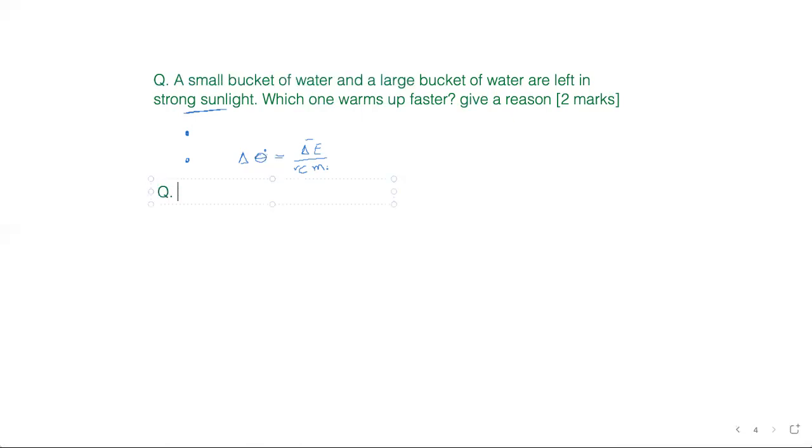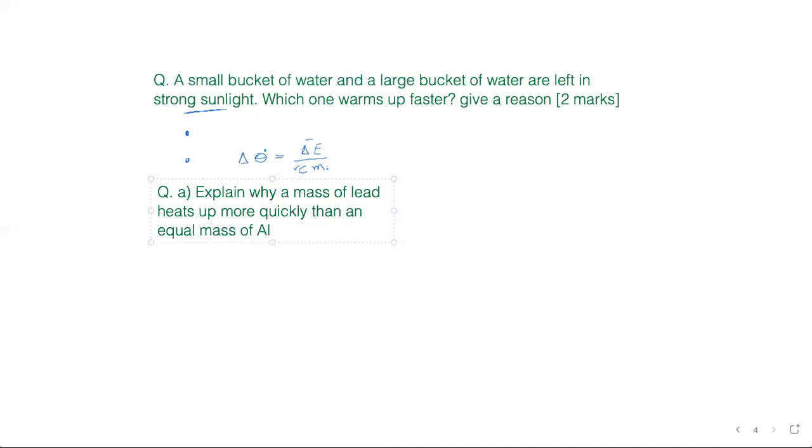So now we go to the next question. The next question is number A, the first part: explain why a mass of lead heats up more quickly than an equal mass of aluminium.